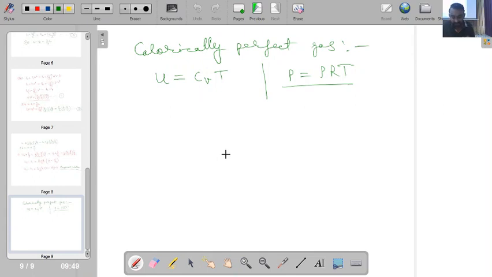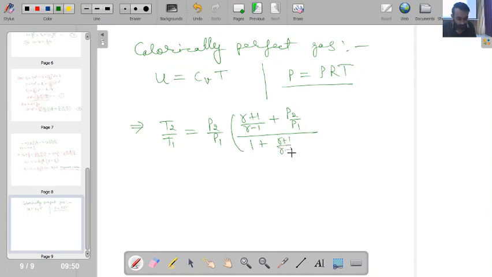From this analysis we get T2 by T1 equal to P2 by P1 times (gamma plus 1 divided by gamma minus 1 plus P2 by P1) divided by (1 plus gamma plus 1 upon gamma minus 1 into P2 by P1).